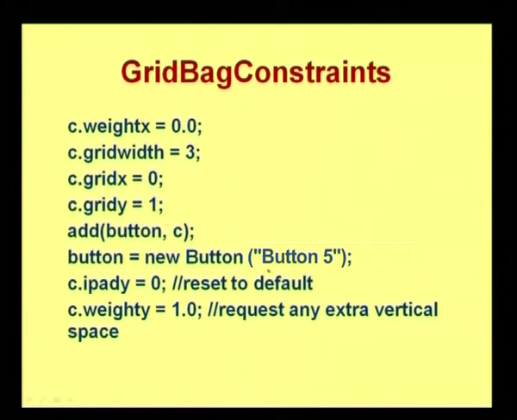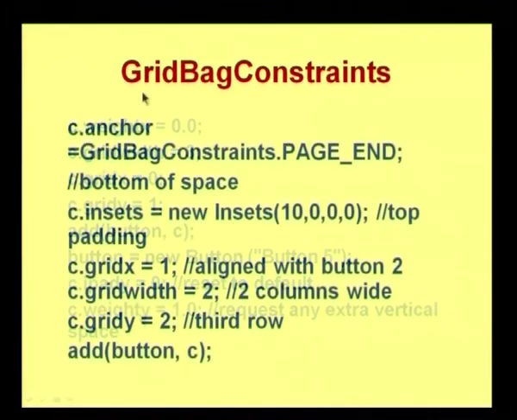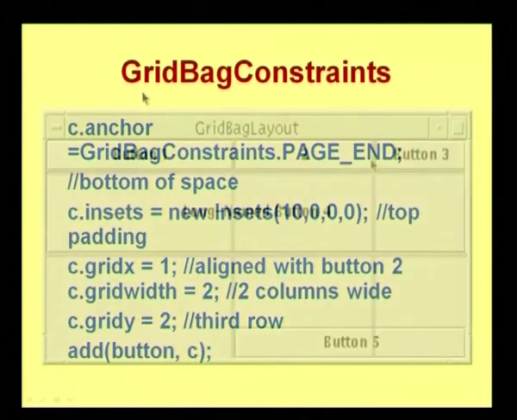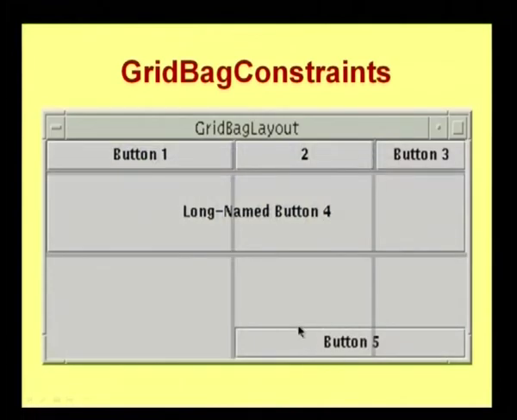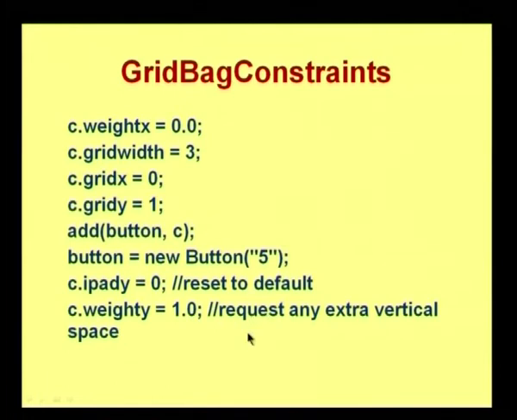Again I am coming to button 5. Here I pad Y value is 0, so I have not padded anything, whereas I have given weight Y to be 1. This is for my vertical space. I am anchoring with page end. You can see here this is the display area, and in the display area at the page end I am trying to have this component. Then I have to specify what my X and Y values are.